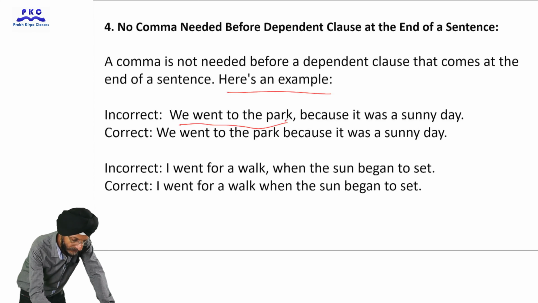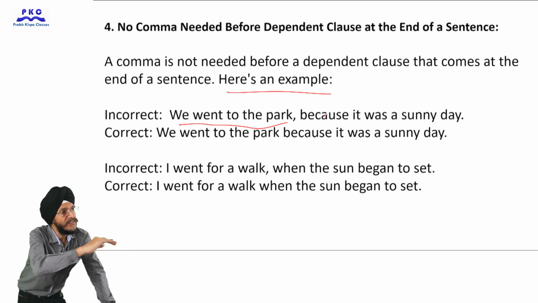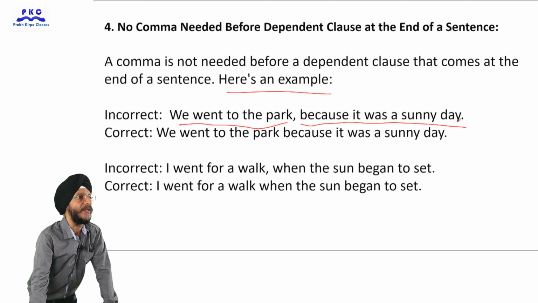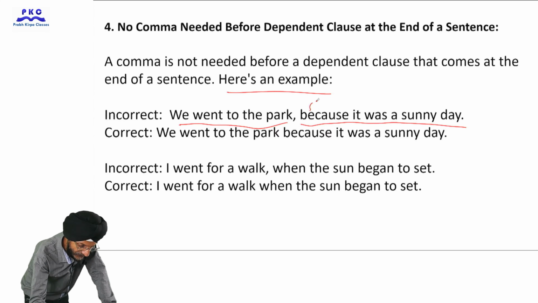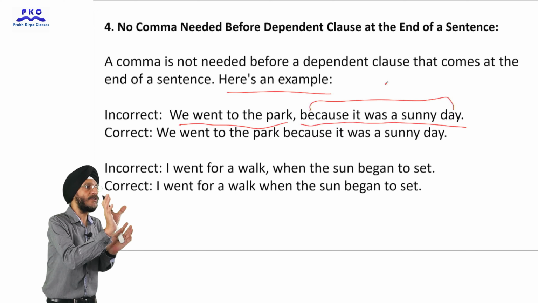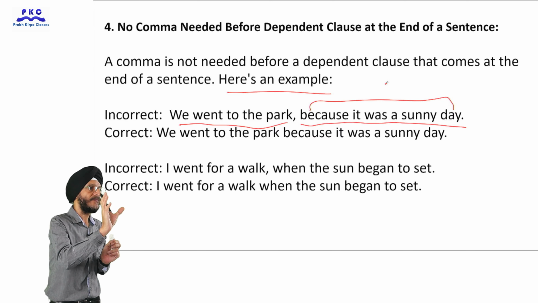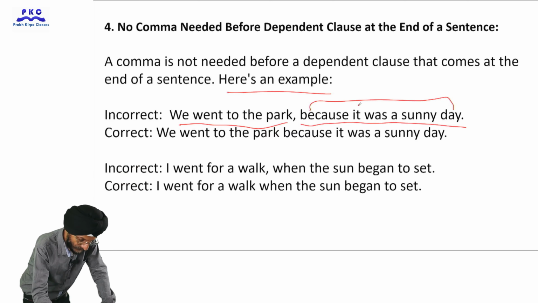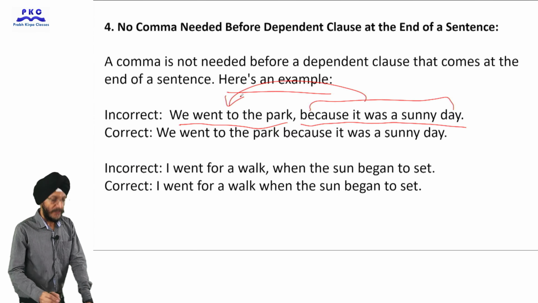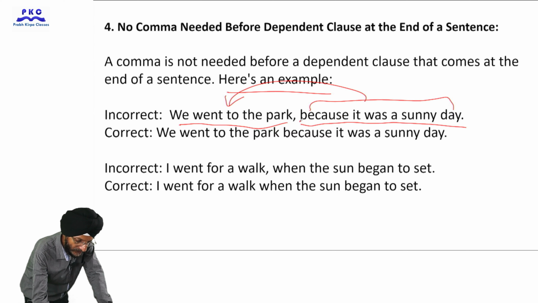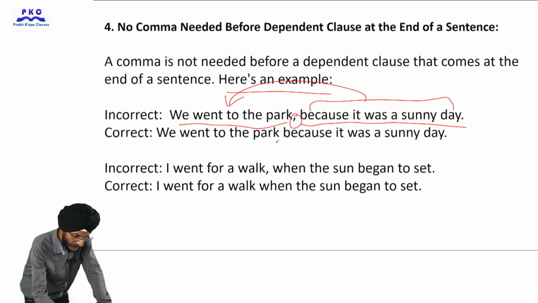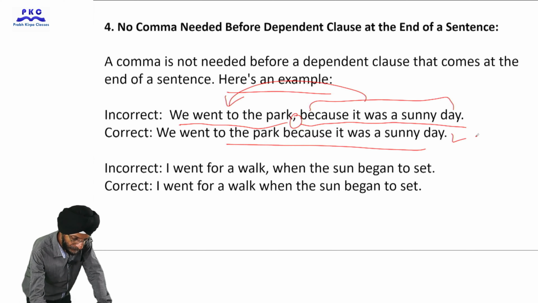But here the sentence is somewhat lengthy and it has because it was a sunny day. Because it was a sunny day is a dependent clause. It cannot stand alone. It depends upon the independent clause. So before the independent clause there should not be a comma. We went to the park because it was a sunny day. It is okay.